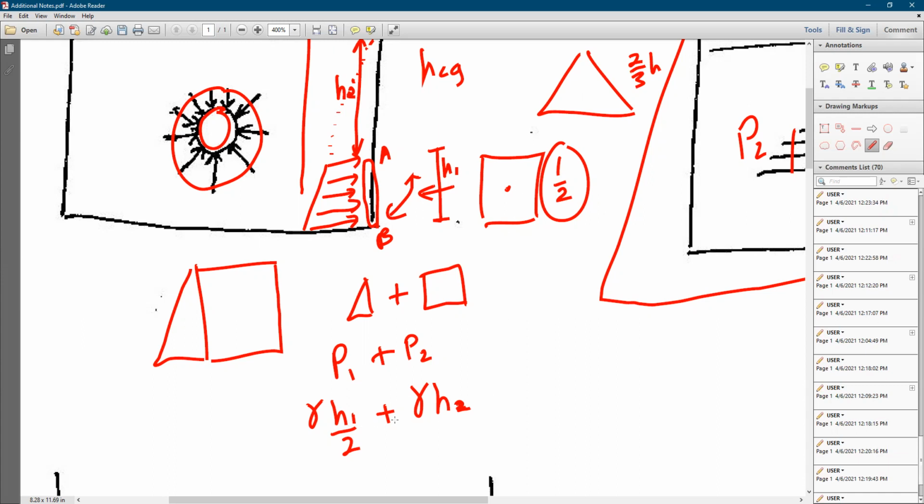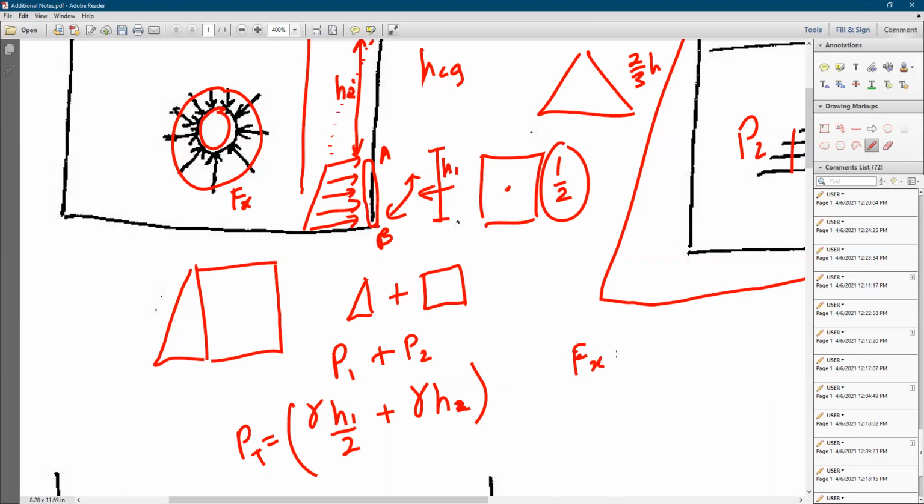Because normally what you saw in the solution of any textbooks or the solution that I provide, you will see this part, right? P total equals P1 plus P2. But if you would like to calculate the force acting on this particular door, normally they put it as Fx, am I right?